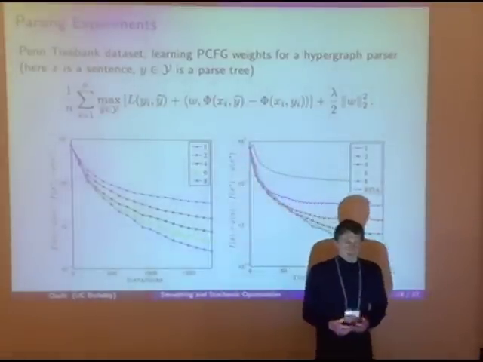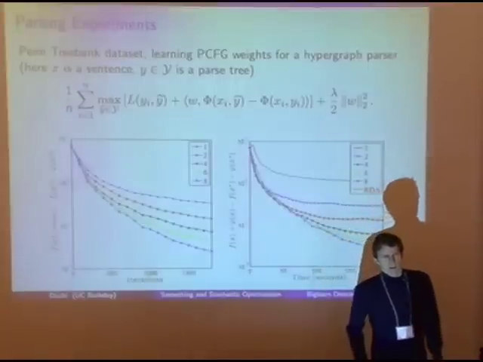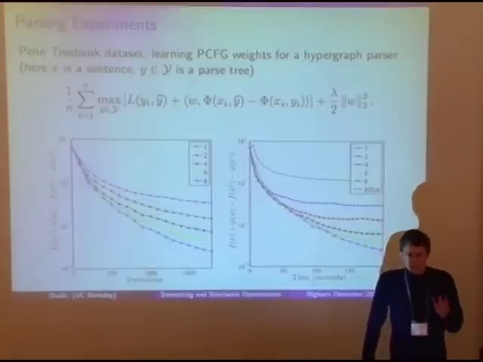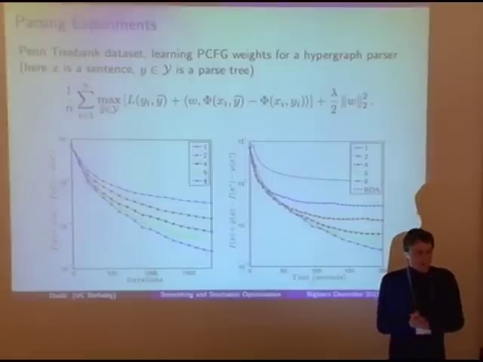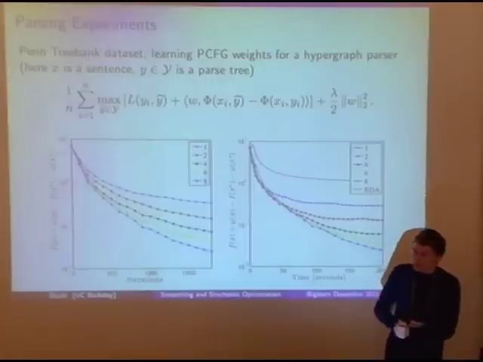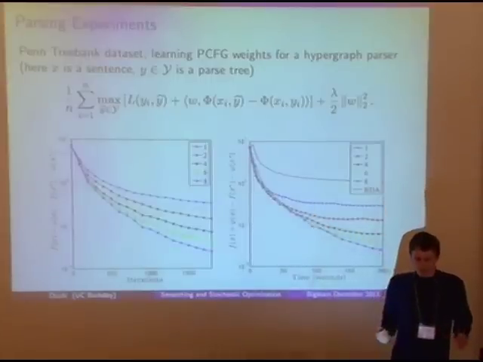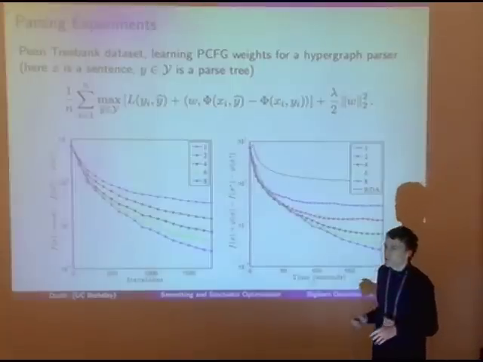Each of these hypergraphs has tens of thousands to hundreds of thousands of edges, on the order of a megabyte each. So it takes a relatively long time to even compute one objective, and doing this random sampling is really helpful because we don't have to worry about communication quite as much.